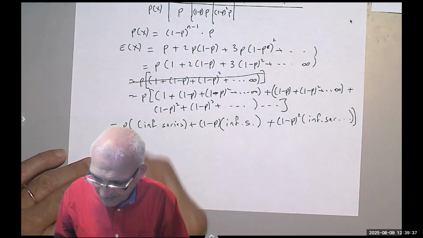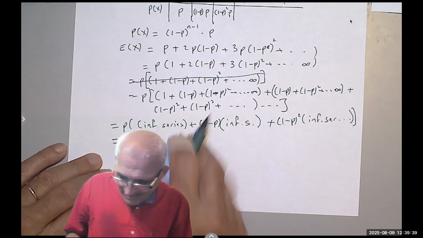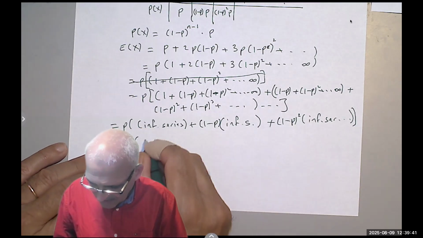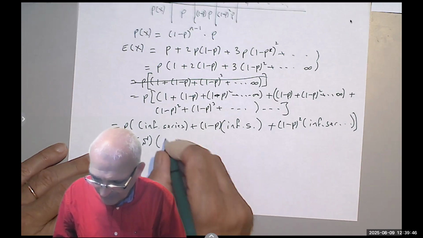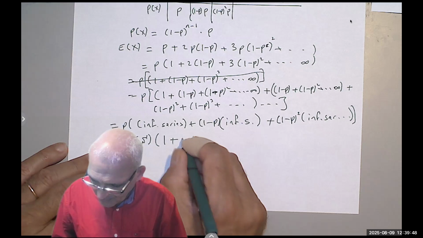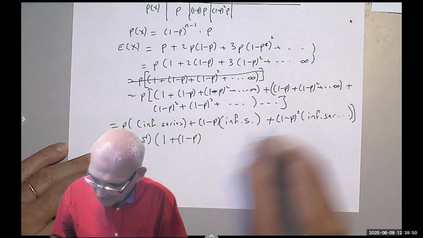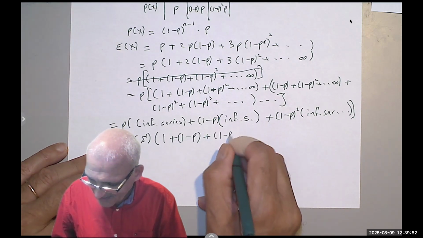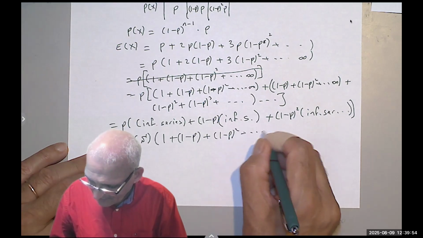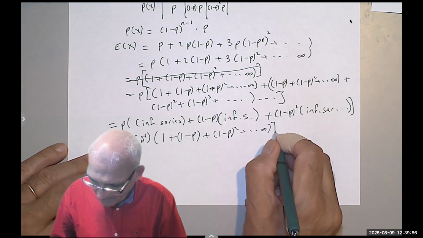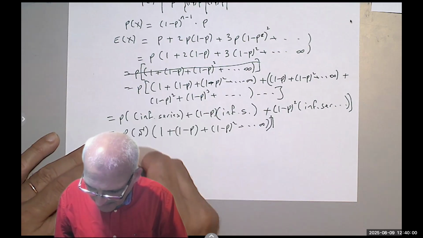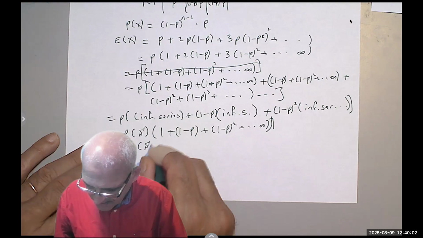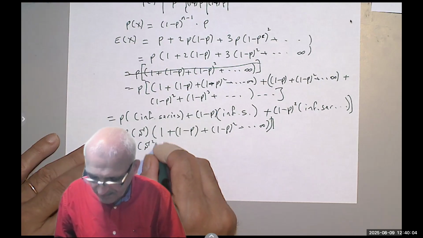So that becomes the probability. If I take the infinite series out, let's call it S as a common factor. The first term would be 1. The second term would be 1 minus p. The third term would be 1 minus p quantity squared plus infinity, which is p times S squared, right?